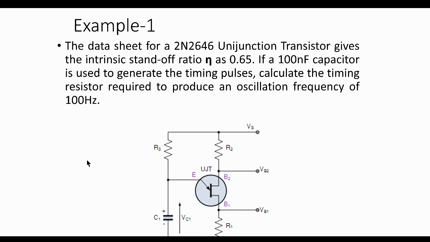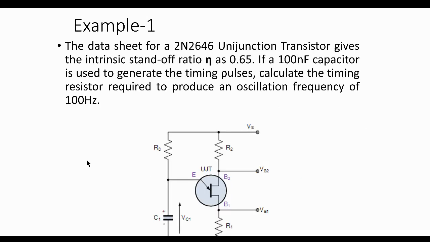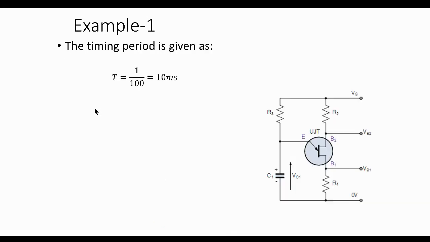So we developed an equation earlier on for this kind of relaxation oscillator. So based on the information given, we can substitute the time, because since the frequency is 100 hertz, you know the relationship between the time period and the frequency.